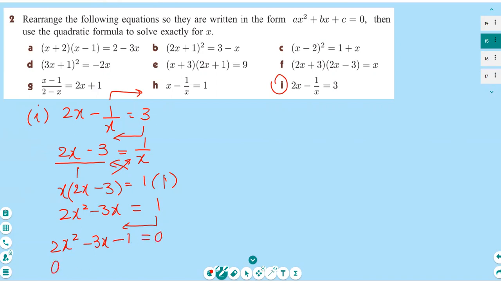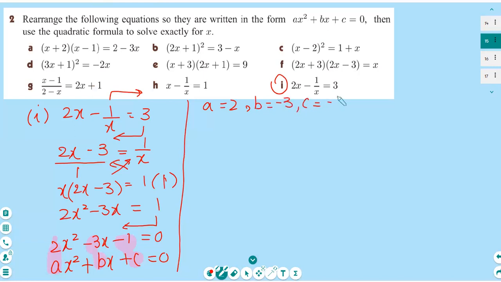Now comparing with the general quadratic equation to get the values of a, b, and c, we can see that a is 2 and b is -3 and c is also -1, right? So I'm writing here a equals 2, b equals -3 and c equals -1.